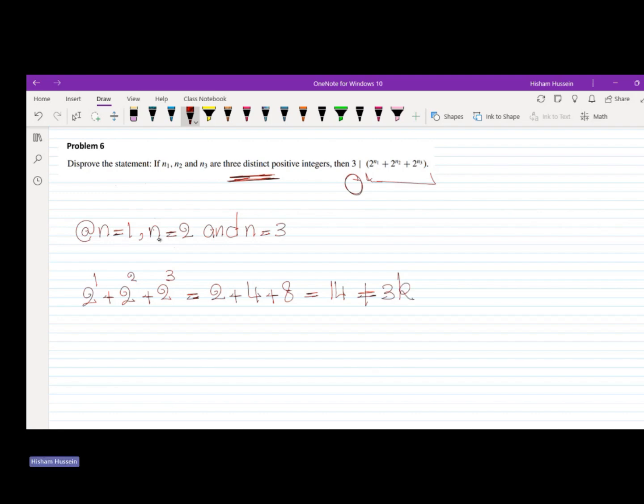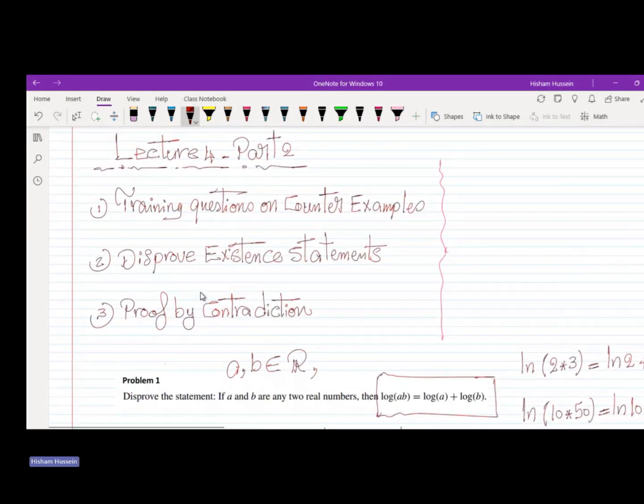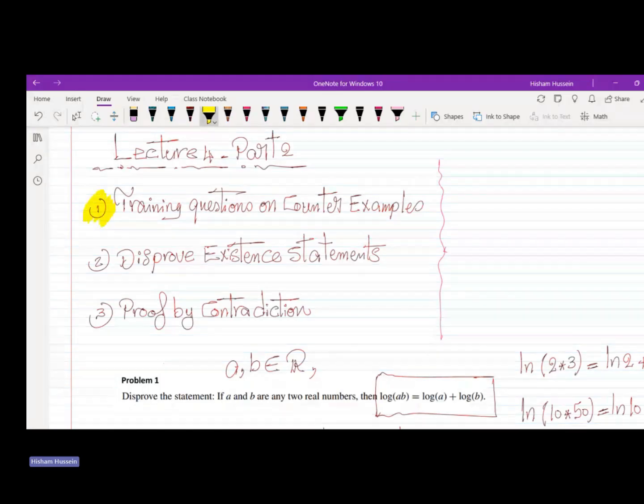So n1 equals 1, n2 equals 2, n3 equals 3 is considered a counterexample, which is training on how to provide counterexamples. Given a statement that we need to disprove, we just provide a counterexample.